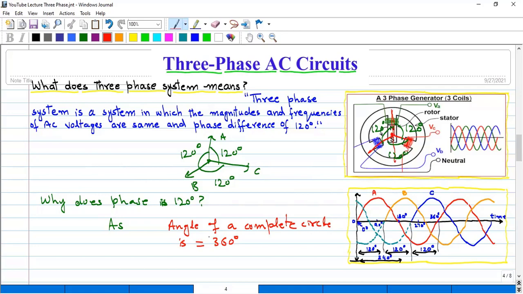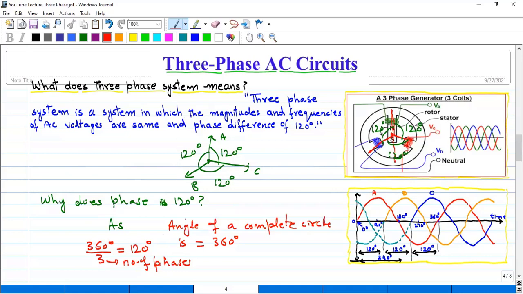So in the case of a three-phase system, we divide 360 degrees by the total number of phases. If we divide 360 by the total number of phases, in the case of a three-phase system, the angle will be equal to 120 degrees. So this is the reason why the phase difference is equal to 120 degrees.